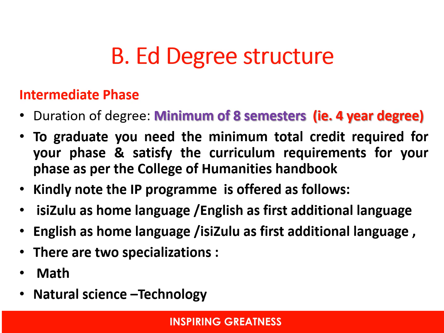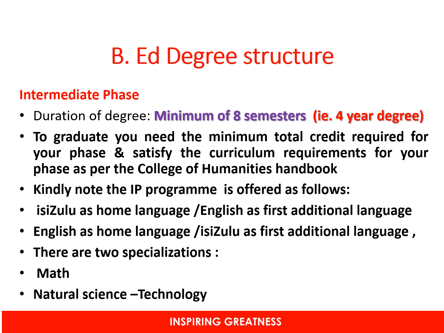So the intermediate phase B.Ed program is a 4-year degree which spans across 8 semesters. This means that you cannot complete the degree in less than 4 years or less than 8 semesters. To be degree complete, you must meet the program requirements and obtain 512 credits.